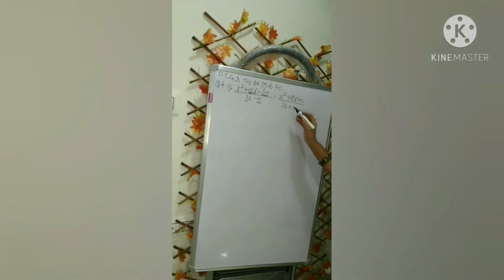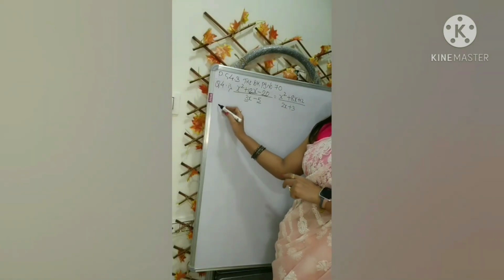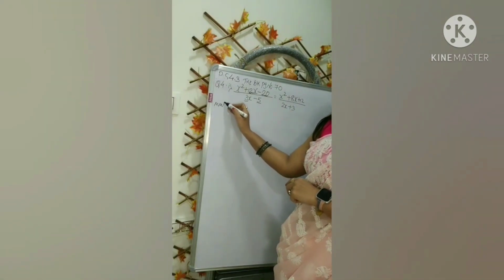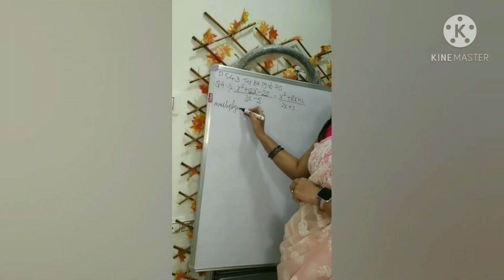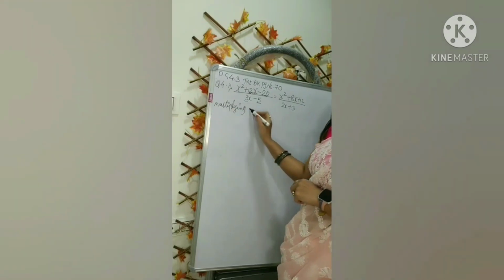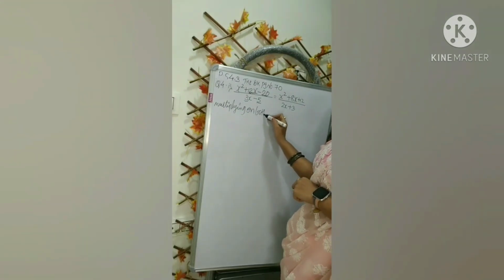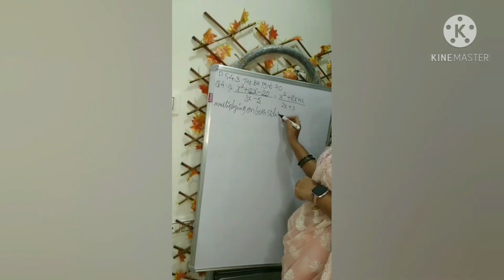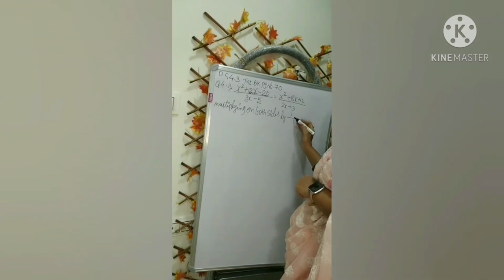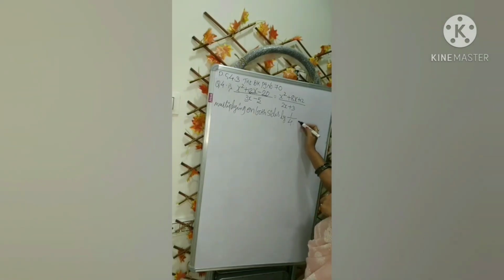Coming on the other side, 2 and 8 also share a common multiple 4. 3 and 12 share a common multiple 4. So all I have to do over here now is multiplying on both sides by 1 upon 4.